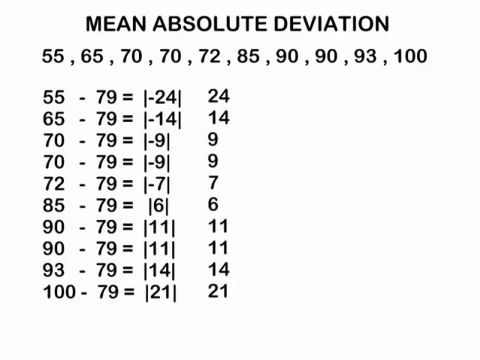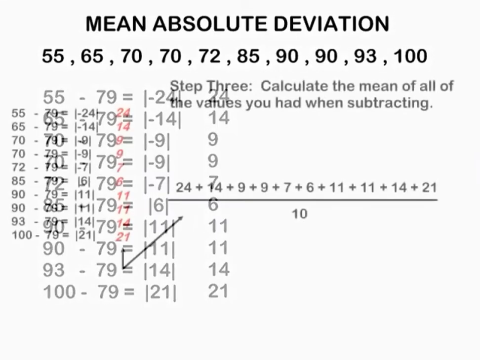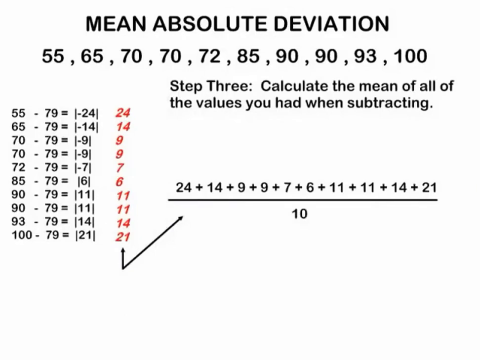After finding the distance of each element from the mean, you have to find the mean of all of those values, and this will give us the mean absolute deviation. So next, we are going to add those 10 distances and divide by 10, because we have 10 numbers that we added all together.